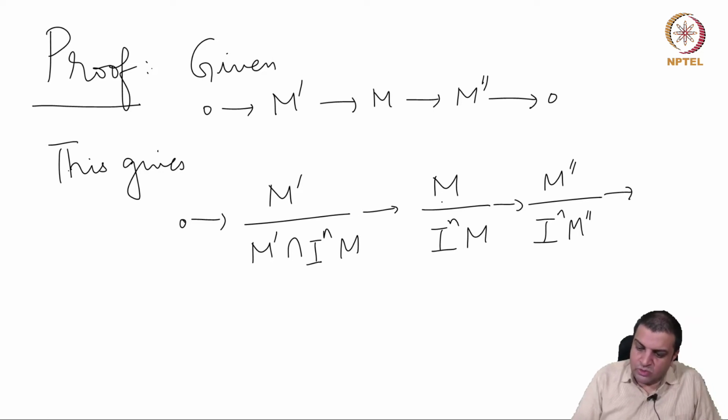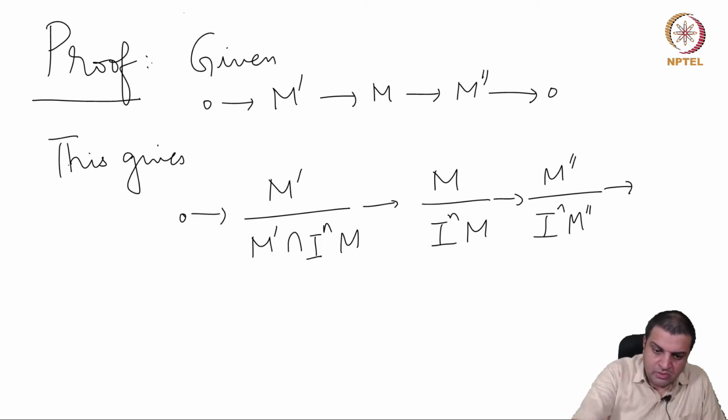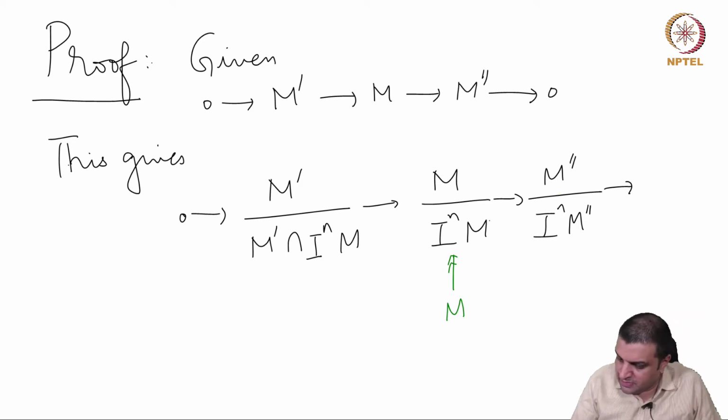Now let's look at what the kernel of this is. Think about M mapping to this and that mapping to this. In this composite, what goes to 0? First M prime goes to 0 and then I^n M goes to 0.